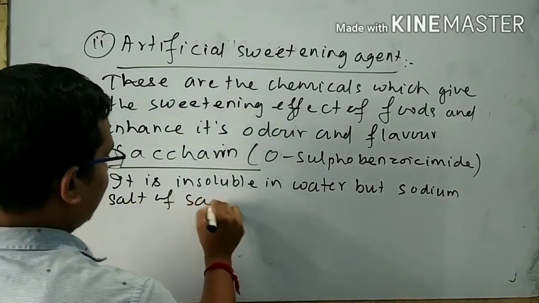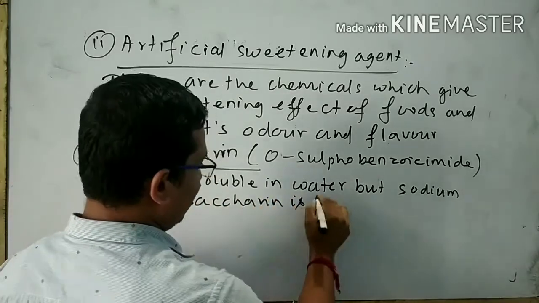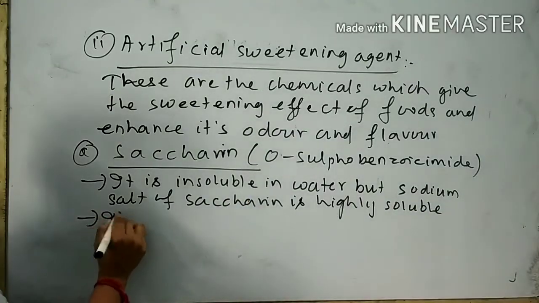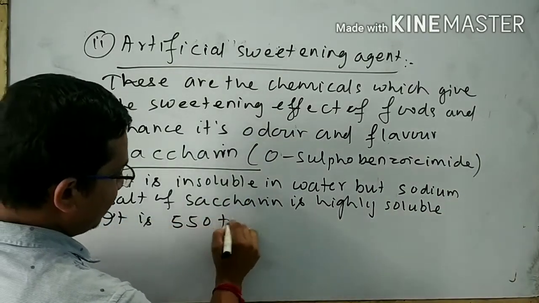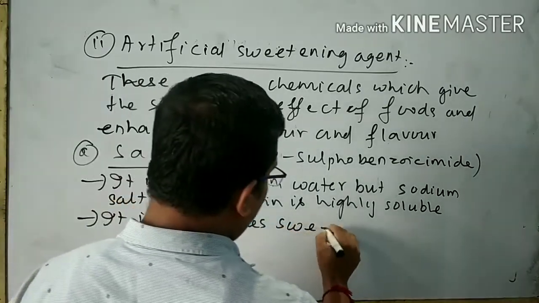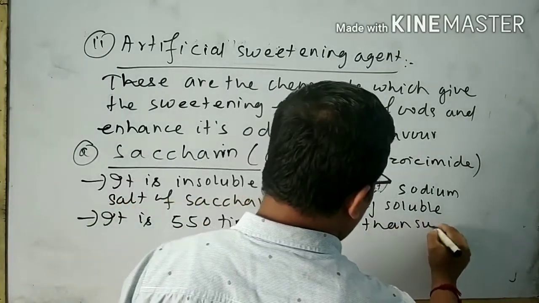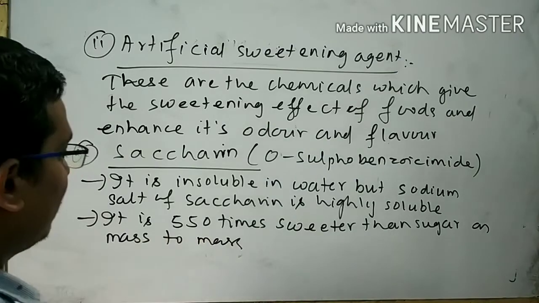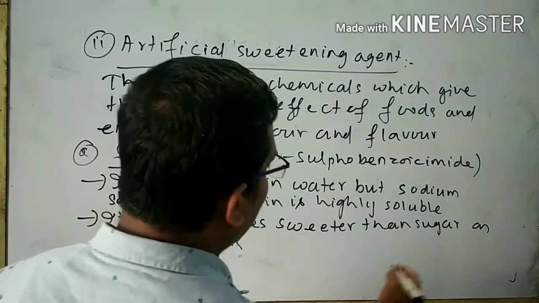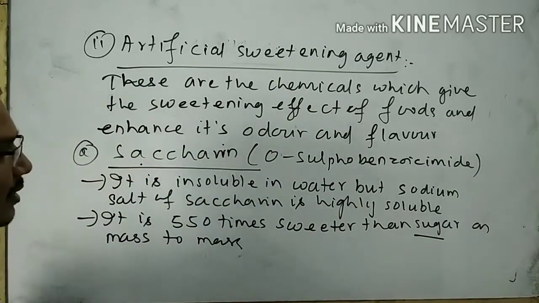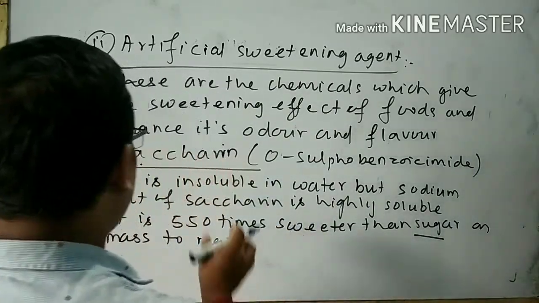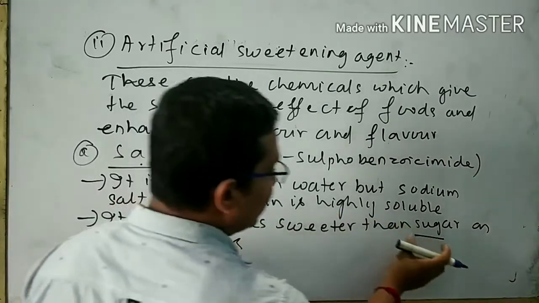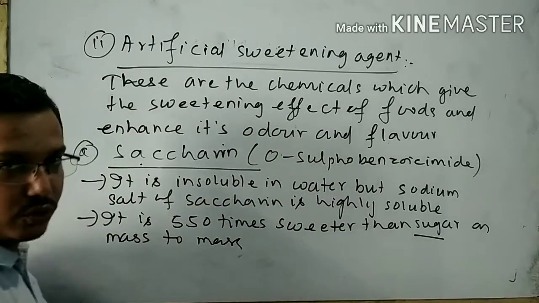It is 550 times sweeter than sugar on mass to mass. That means if you take 1 gram of sugar and 1 gram of saccharin, then the sweetness of 1 gram of saccharin is 550 times more than the sweetness of 1 gram of sugar.